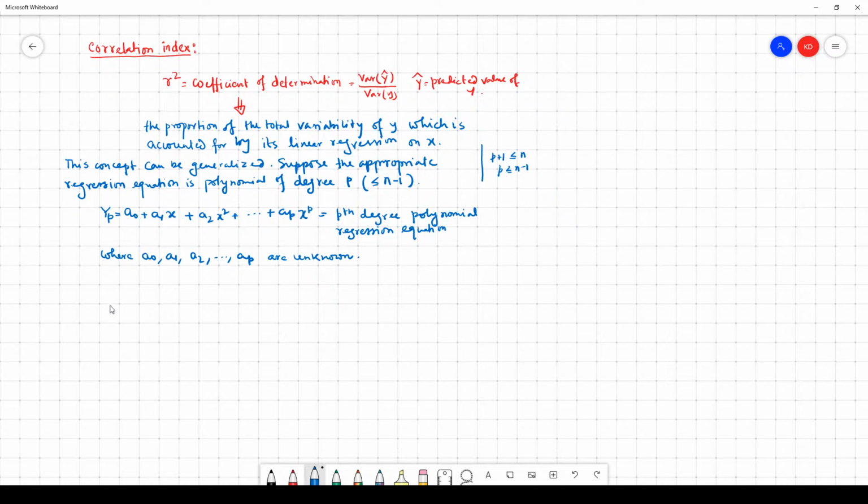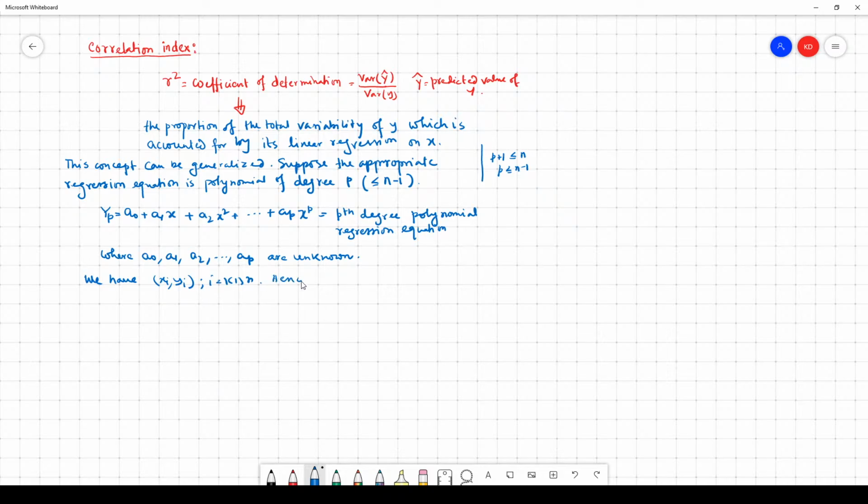So we have n pair observations, that means we have xi, yi, i from 1 to n.